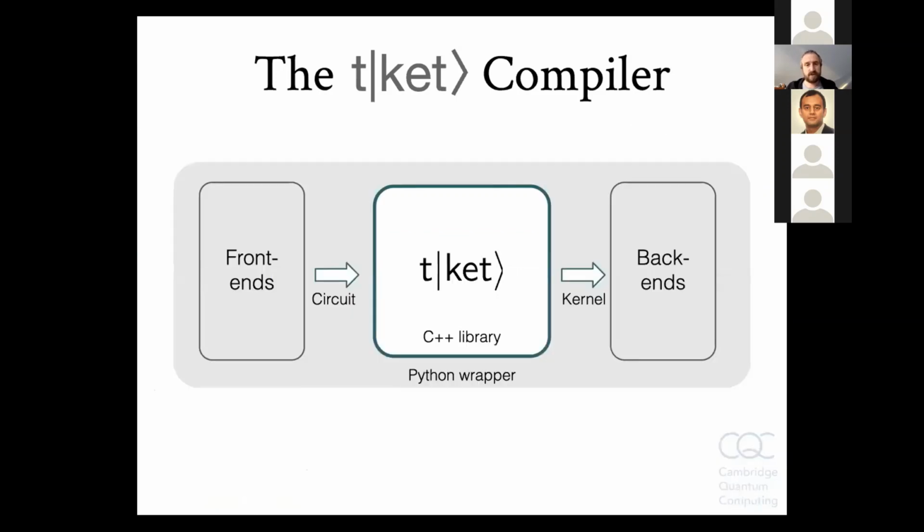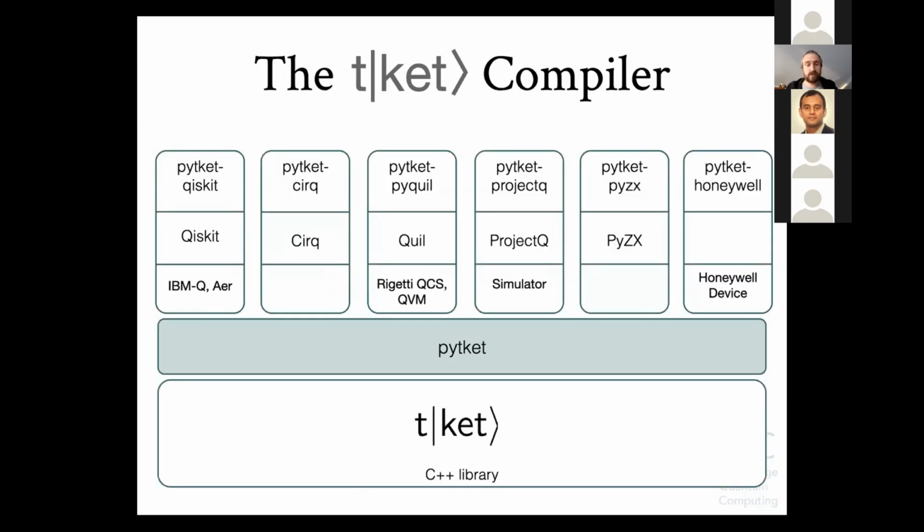In a little bit more detail, it looks like this. We have a C++ core, and everything is wrapped around in Python. And so the front ends and the back ends, which deal with the translation, are written in Python. And so when you download it, you get this pytket Python library, and there's optional extensions.